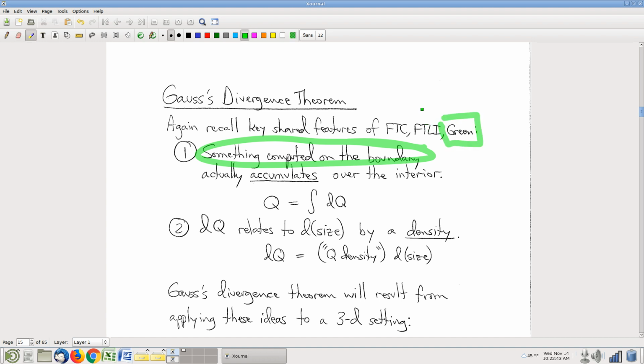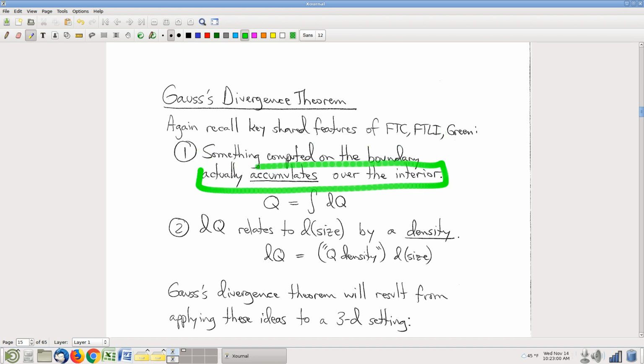If you give me a two-dimensional region, circulation around the boundary is computed on the boundary. You do a line integral around that boundary of that region. So, something computed on the boundary, which, though, actually accumulates over the interior. Even though, at a glance, it doesn't look like an accumulating quantity.